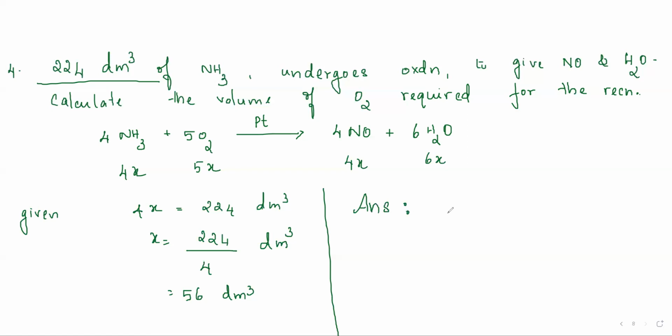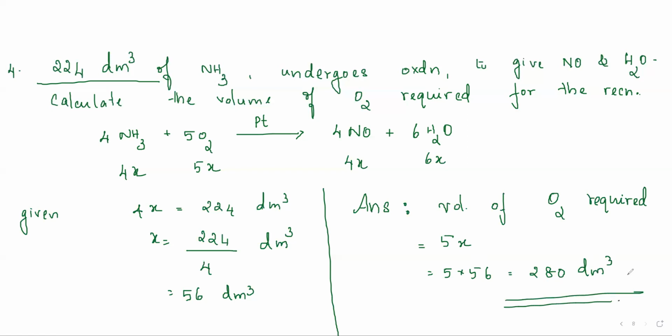So your answer is volume of oxygen required is equal to 5x, which is 5 into 56, which is 280, whatever is the unit. 280 dm cube of oxygen is required for the reaction. Moving on, the next one.